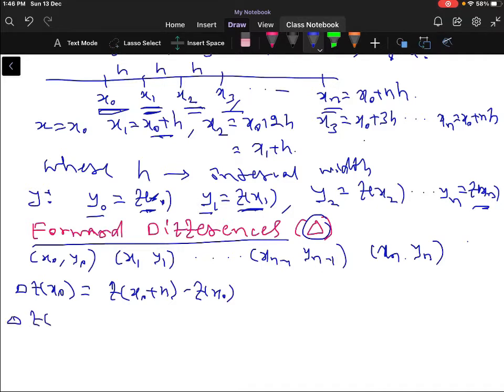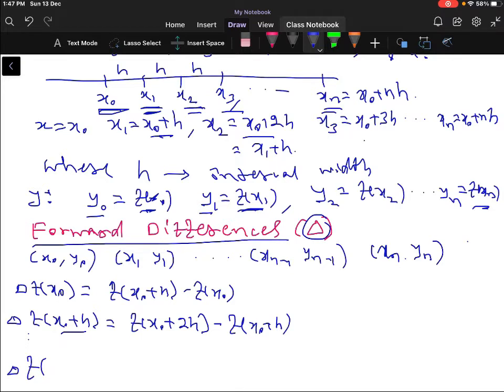Similarly, delta of f of x1, where x1 is x0 plus h, can be defined as f of x0 plus 2h, that is x2, minus f of x0 plus h, and so on.